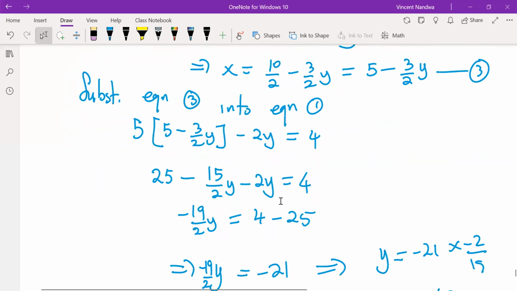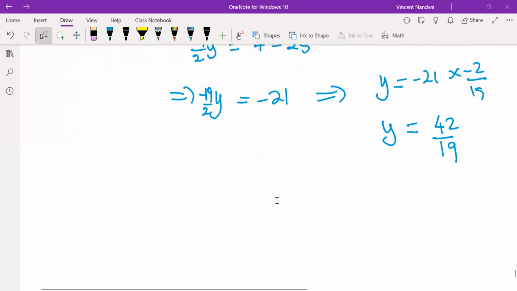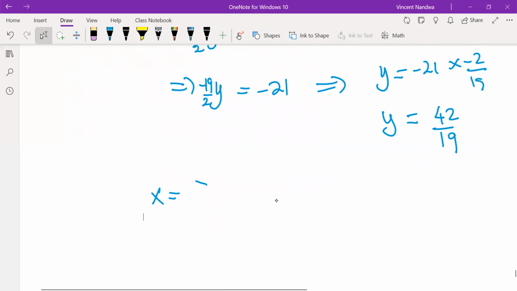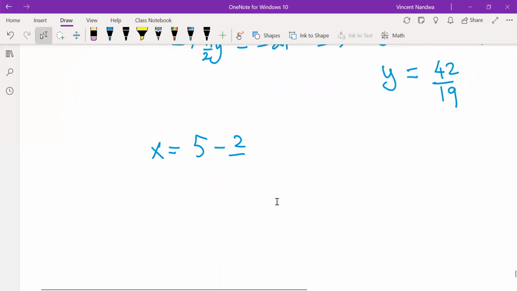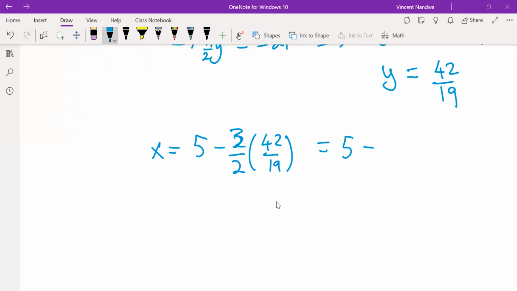And then x is 5 minus 2 over 3 y. So x is 5 minus 3 over 2 y. So y is 42 over 19, so it'll be 5 minus 3 over 2 times 42 over 19.